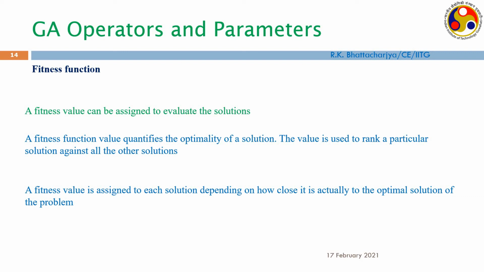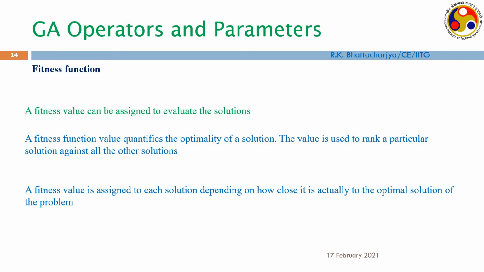A fitness function value quantifies the optimality of a solution. This value is used to rank a particular solution against all other solutions. The fitness value is assigned to each solution depending on how close it is to the optimal solution of the problem.